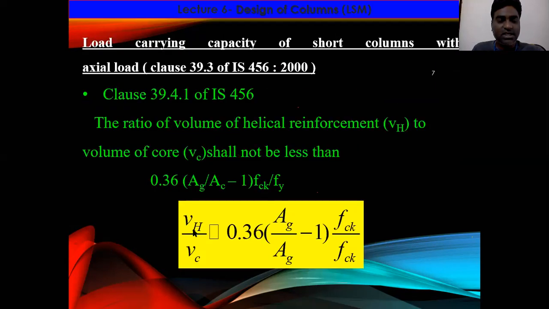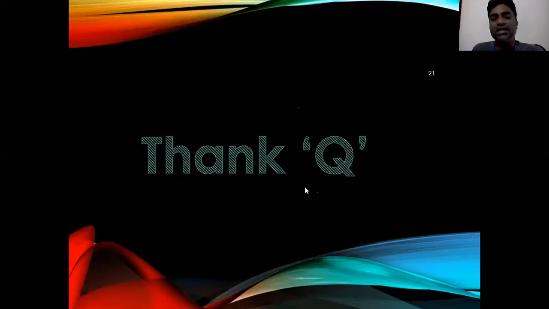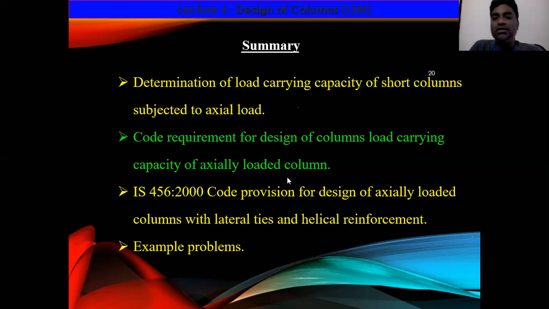Vh by Vc should not be less than 0.36 times (Ag by Ac minus 1) into fck by fy. If it is satisfied, then you can increase that 5%. Otherwise, you should not increase that 5%. It is the same as the column with lateral ties. So before using it, you need to check that one.